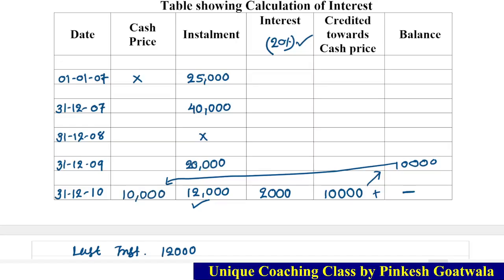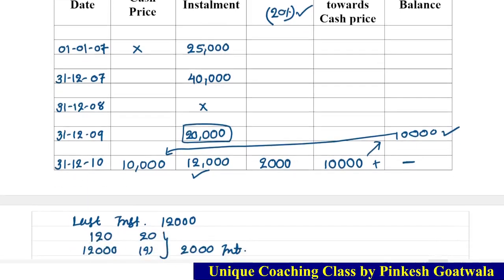Now again we put this step. Previously, on 31st December 19, what is the installment? 20, and what is the balance? 10. So 20 plus 10 is 30, right? So the step will be 120 20, so 20 and 10 is 30. So 30 into 20 divided by 120. Here we get 5,000 interest.